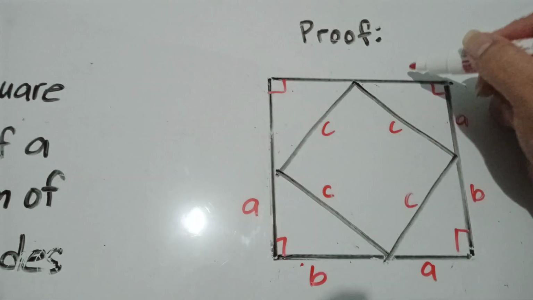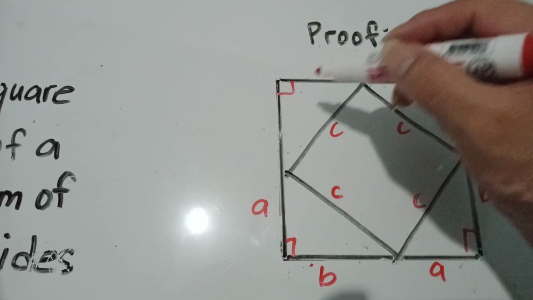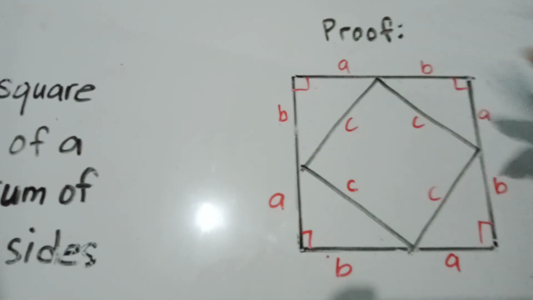Then A, B, and then A, and then also we have B here.